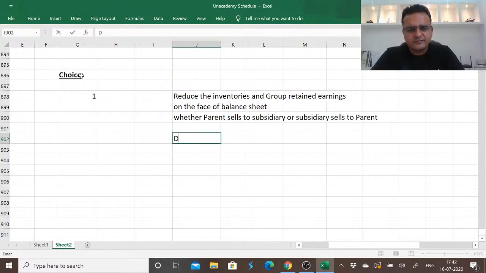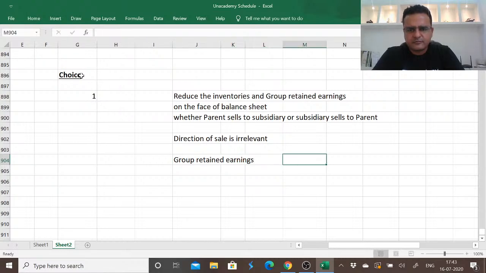When you do this, direction of sale is irrelevant. Because the only entry you are passing is group retained earnings debit, credit inventories account.